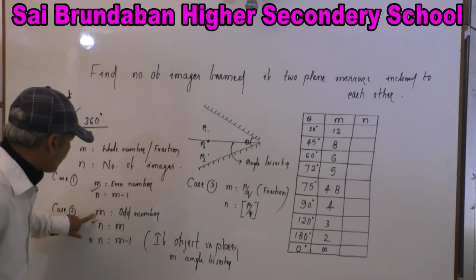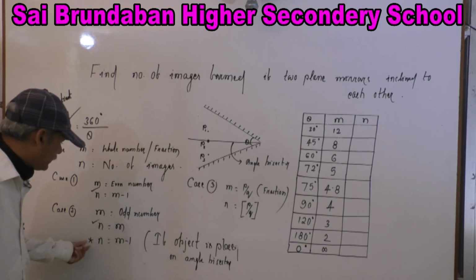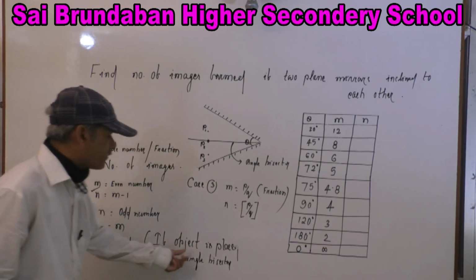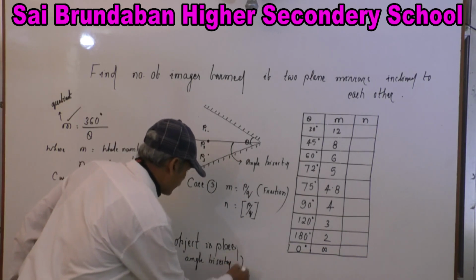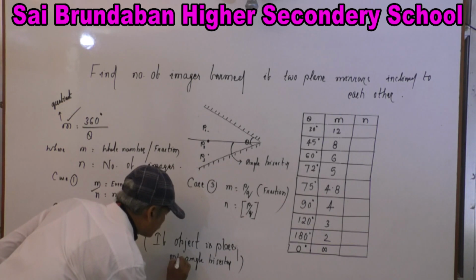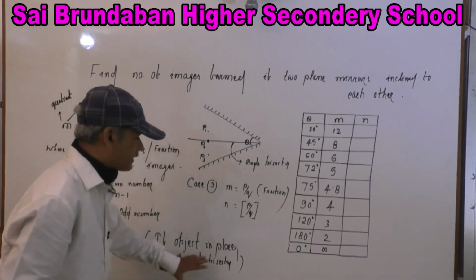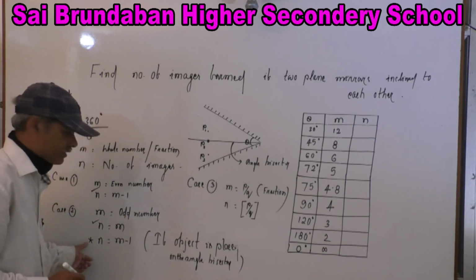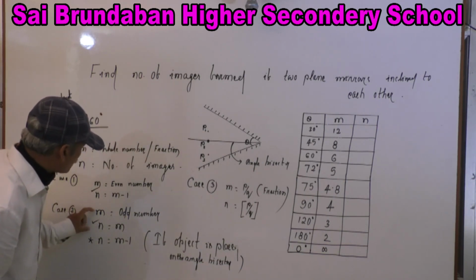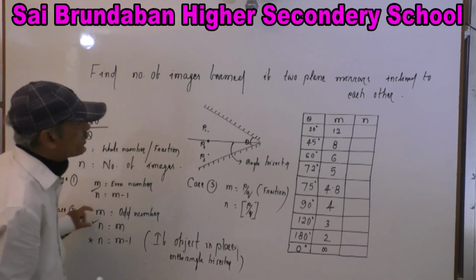If M is an odd number, then N is equal to M. This is an exceptional case if the object is placed on the angle bisector. You just focus on these two lines.